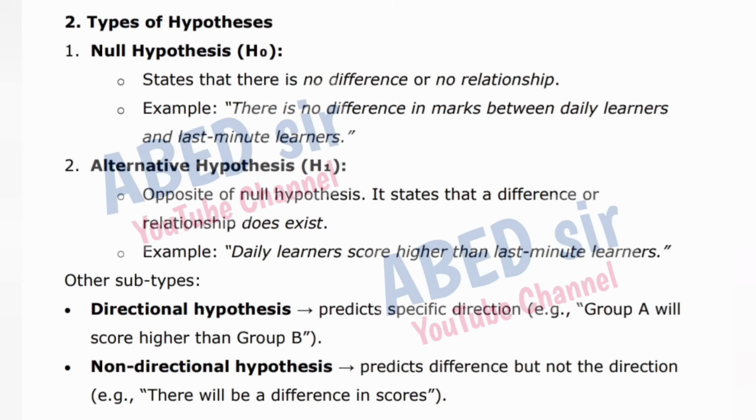Example, daily learners score higher than last-minute learners. Other subtypes. Directional hypothesis predicts specific direction, e.g. Group A will score higher than Group B. Non-directional hypothesis predicts difference, but not the direction, example, there will be a difference in scores.